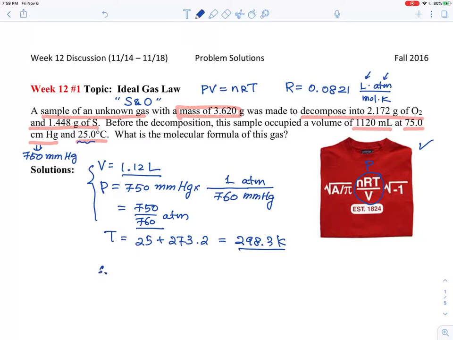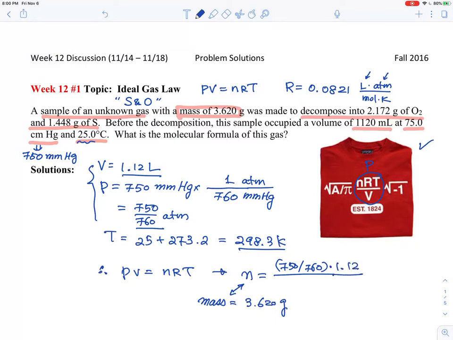Then what I enter now is PV equals nRT. So the number of moles for this mass of gas, whose mass is 3.620 gram. n is 750 divided by 760, volume is 1.12, divided by 0.082 and 298.3.